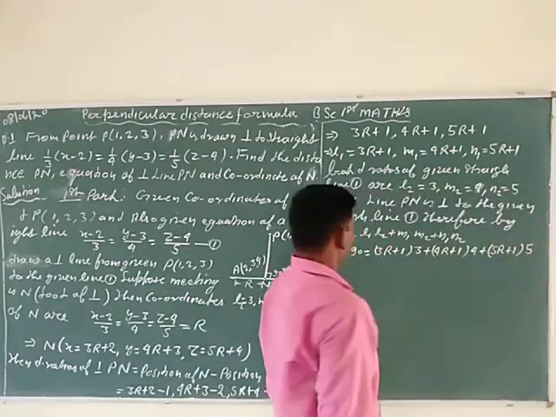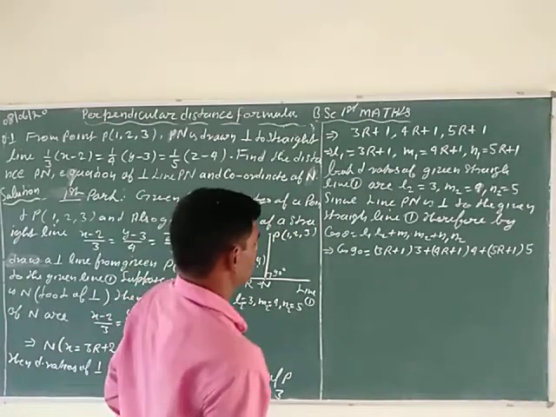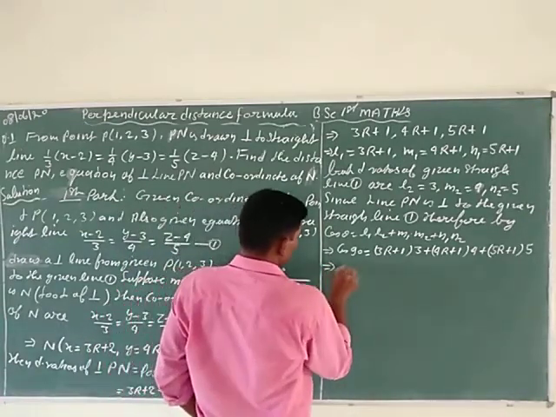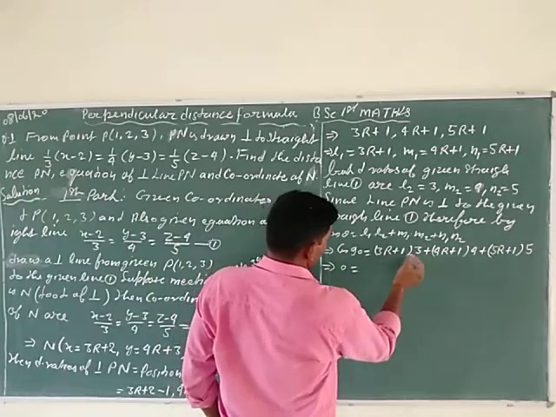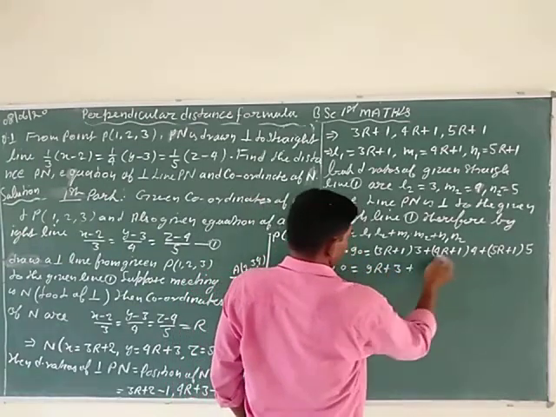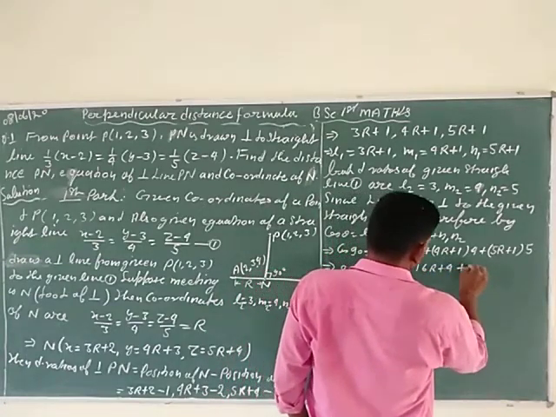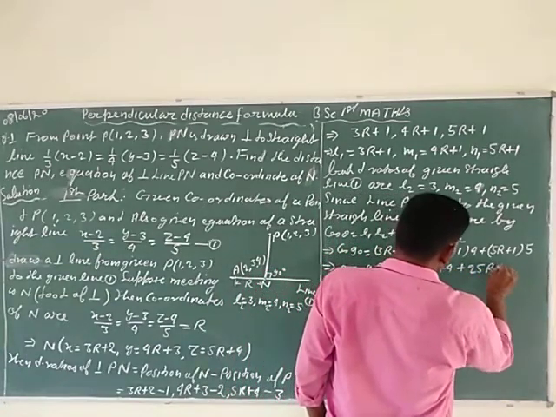Multiply and open each bracket to calculate the value of R. You know that cos 90 is equal to 0. Here 9R plus 3 plus 16R plus 4 plus 25R plus 5.